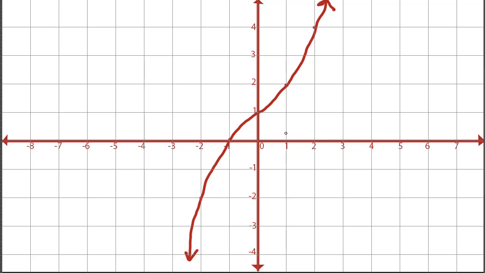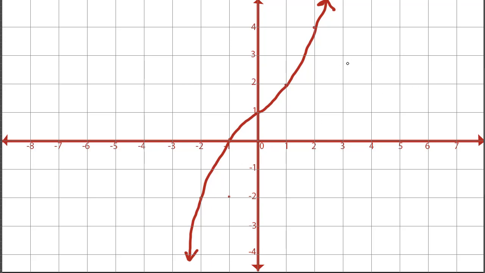If we look at this point 1, 2, if there's a point at 1, 2, there would need to be a point at -1, -2 right here. And there isn't a point at that spot because of the way the graph is shifted up. If there was any rotation here, it would be around this point at 0, 1, not around the origin at 0, 0.